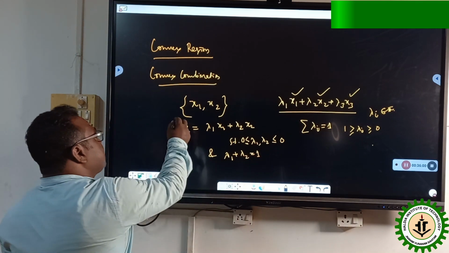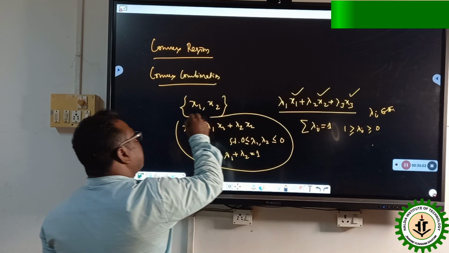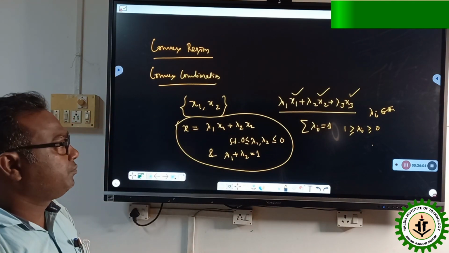So this is the convex combination of the two vectors x1 and x2.